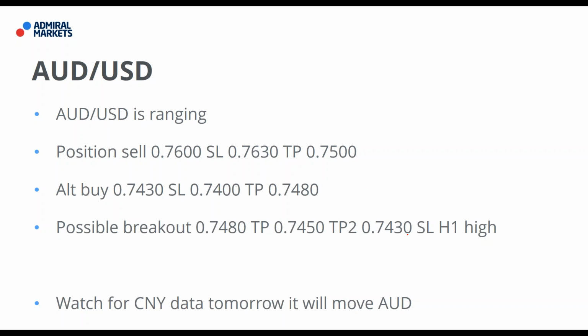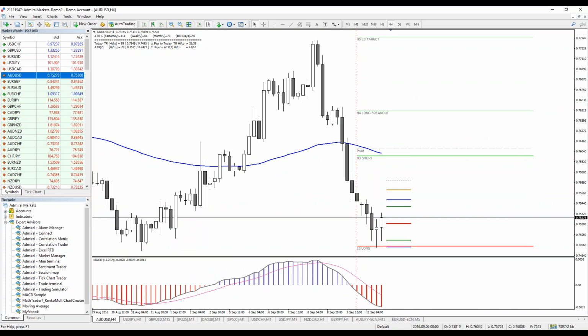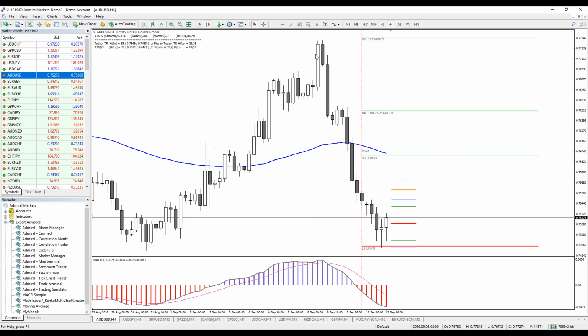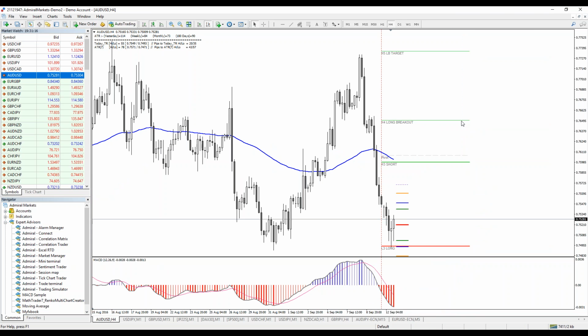And let me show you the chart. Okay, so Australian dollar. Huge downtrend now on Australian dollar. Watch this. A huge drop from the 77 zone. And here, a lot of confluence.